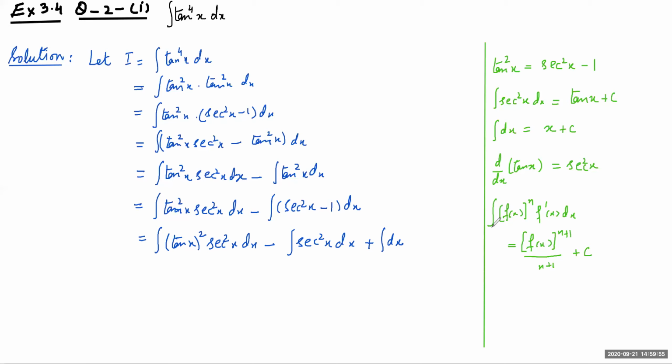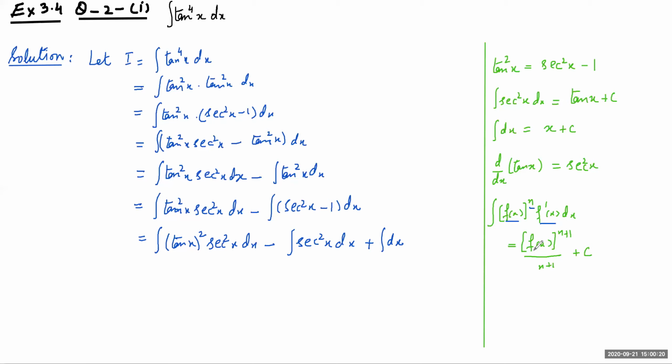Now I can compare it easily with this one. You can see in place of f(x), I have tan x. In place of n, I have 2, and f'(x), that is d/dx of tan x equals sec²x. So in place of f'(x), I have sec²x, an integral sign, a dx. So all the requirements of this are there.